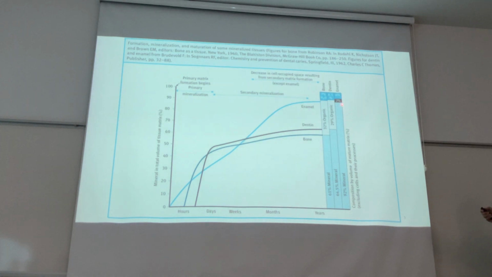We have only 2% of water in the structure of enamel. After enamel, our next hard structure in the body is dentin. Here you can see dentin. And our bones are not as hard as dentin and enamel. Okay?